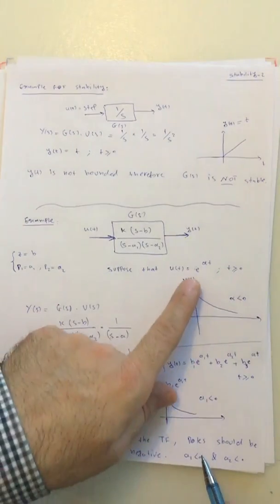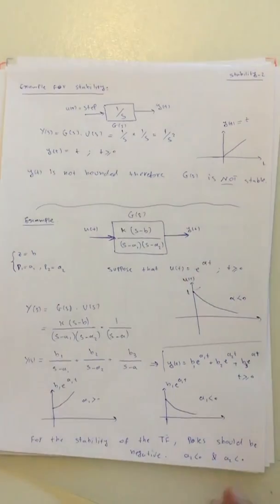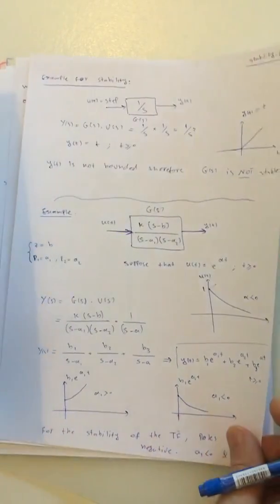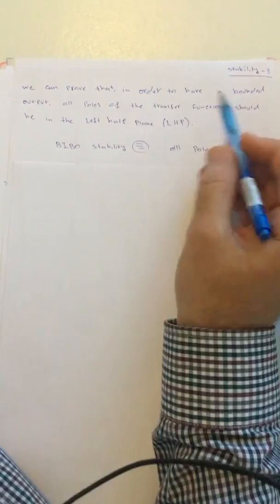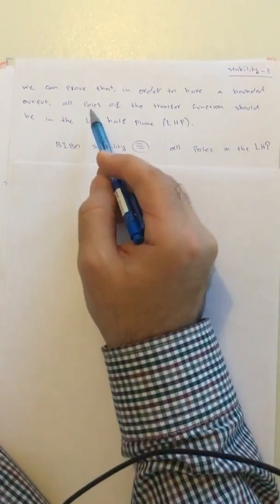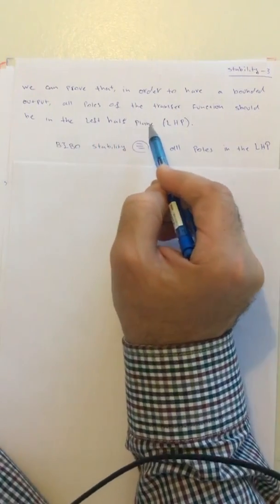But we actually tried only one input. You can prove this, or you can see the proof in the book. I will not prove it here, but we can prove that in order to have a bounded output, all poles of the transfer function should be in the left half plane.